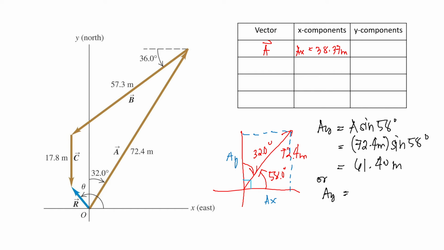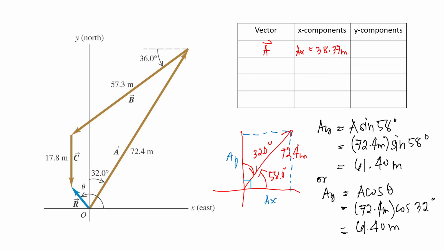Your AY is equal to, since your AY now is at the adjacent side, you have your A cosine theta. So we have 72.4 meters cosine 32 degrees. And we should still get the same answer of 61.40 meters.